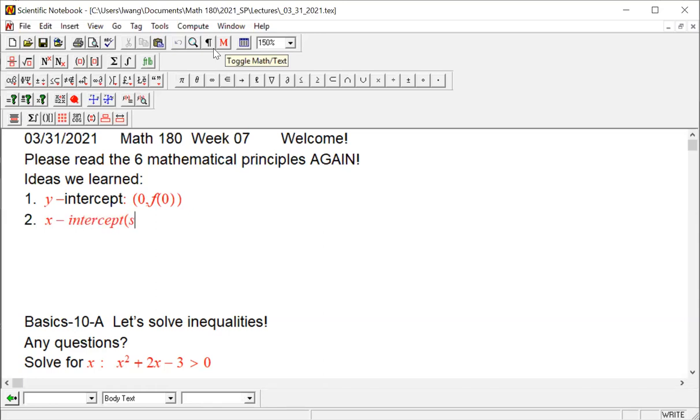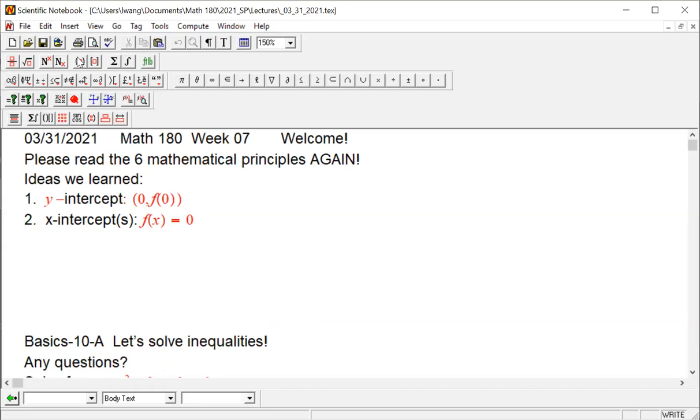X-intercept may be plural. We may have more than one X-intercept. How does the X-intercept look? Well, the Y coordinates are 0, right? So we set f of x equals 0, because the output is given as 0.